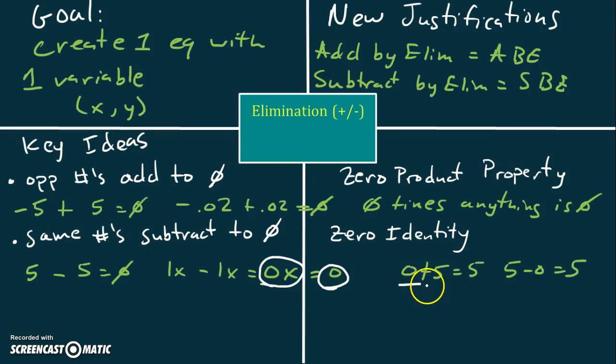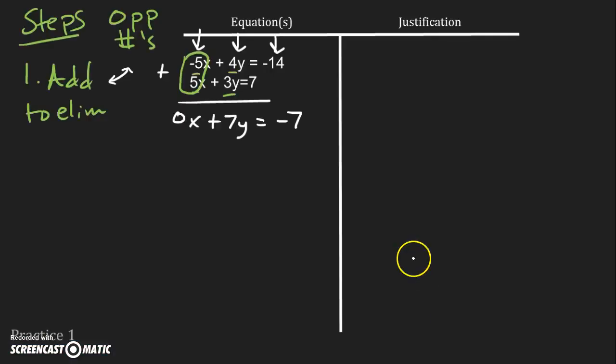And 0 plus anything is whatever you're adding it to. So 0 times x is 0, and 0 plus 7y is just 7y. So we just took two equations with two variables and created one equation with one variable. It's not x, doesn't have to be, but it's still one variable.